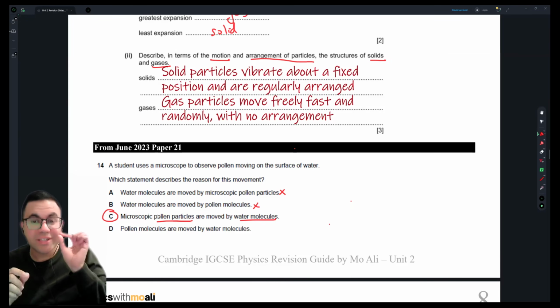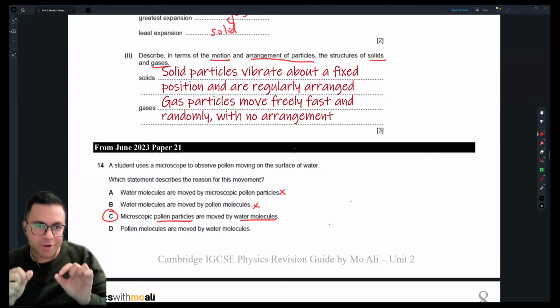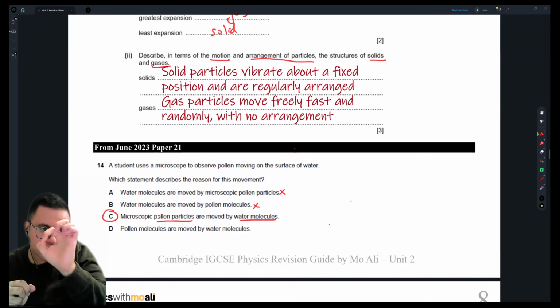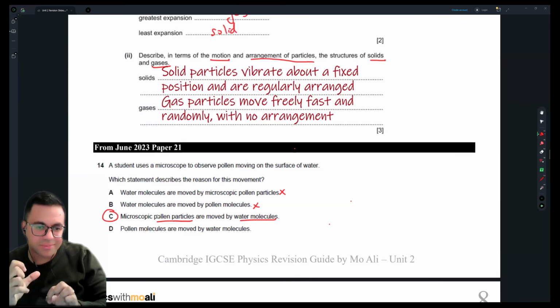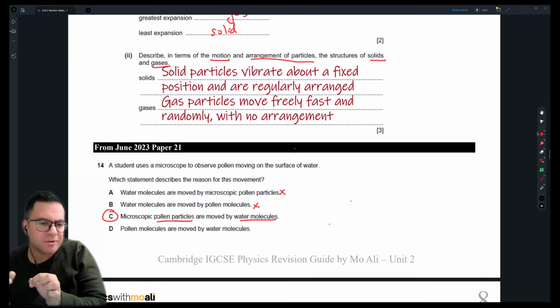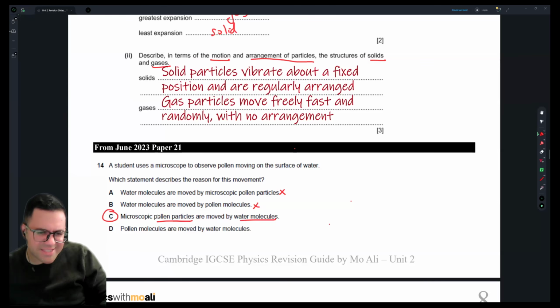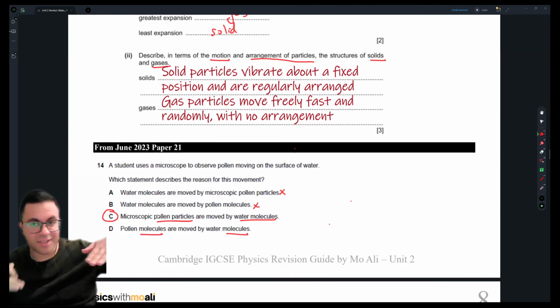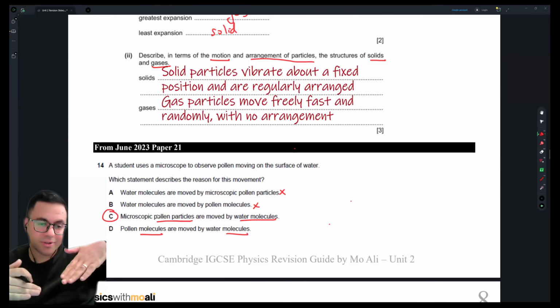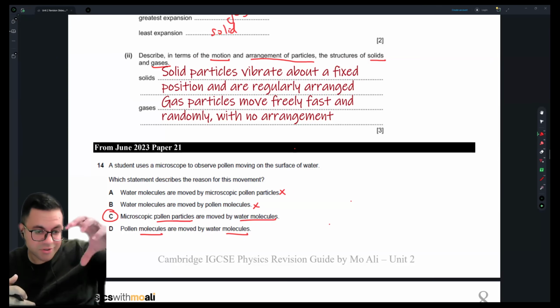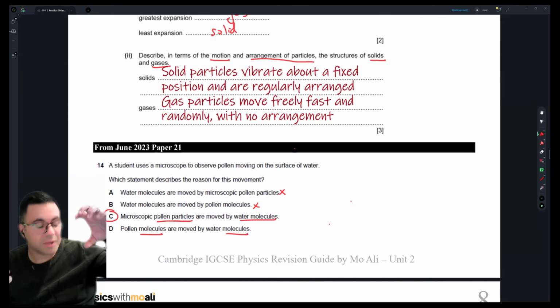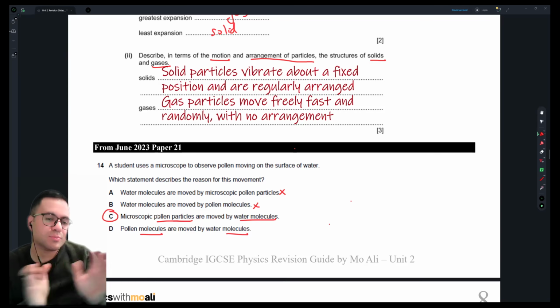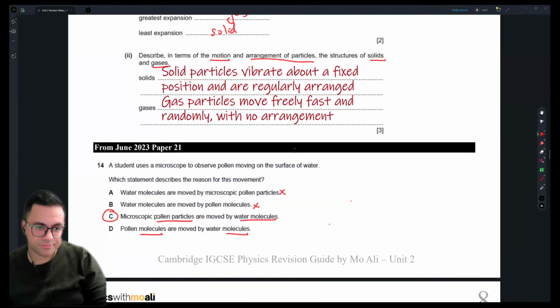But because we need to identify that even the pollen particles are small, which is why we need a microscope to see them. But if I have just pollen molecules, wait, are they the same size as the water? Like you're trying to say, oh, they're the same thing. No, they're not. Pollen particles are still larger. So we use the word particle here instead of molecule. And microscopic just means they're small relative to us. Okay? Okay. Next.